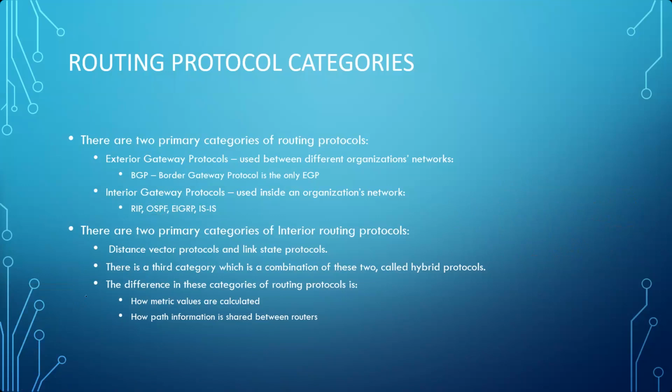But there's a third one. The third category is if you would take the best of both worlds and put it into one package, and its name is da, da, da, da, EIGRP. But wait, it's owned by Cisco.